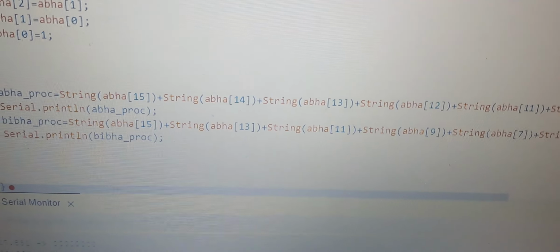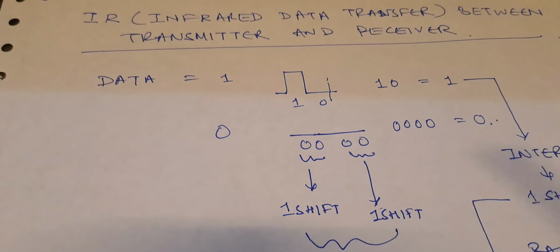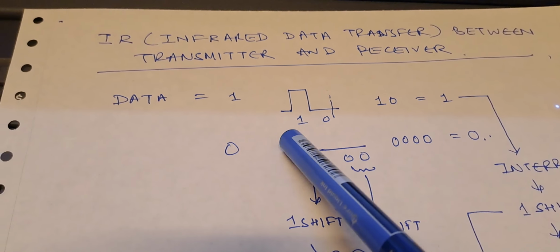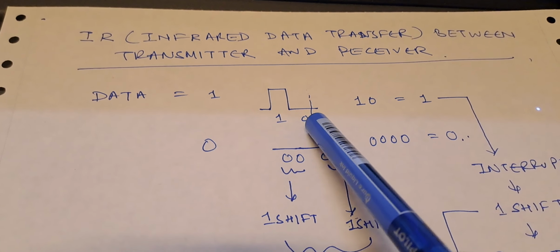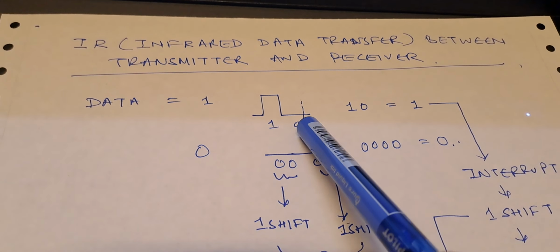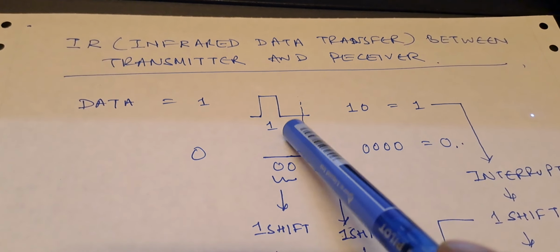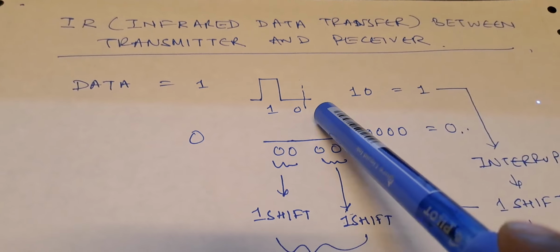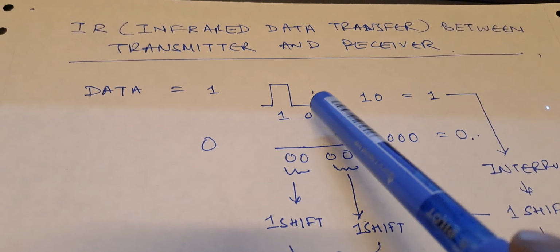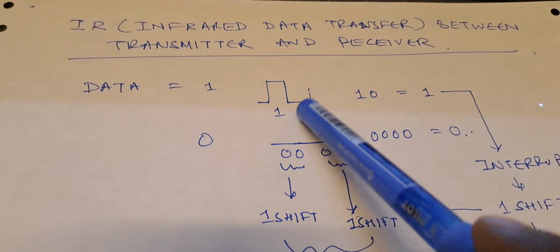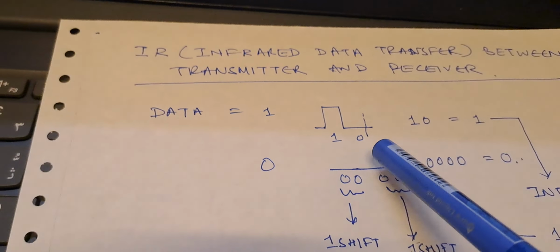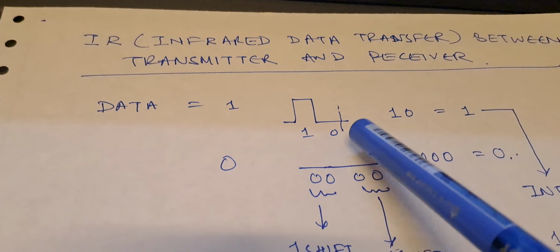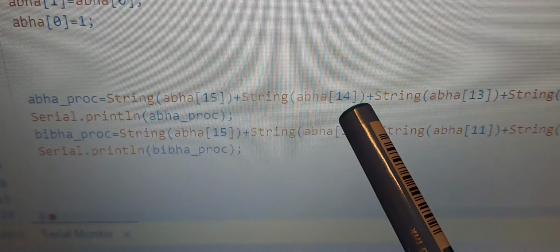Why is it like this? Because on the software, if this is the 15th bit and this is the 14th bit, this bit doesn't make sense. There is no physical importance of this bit. This bit is used for padding. This is just a padding bit, so the padding bit has no usefulness. That's why in the software's final processing, when I am processing the data, I am not using the padding bit.